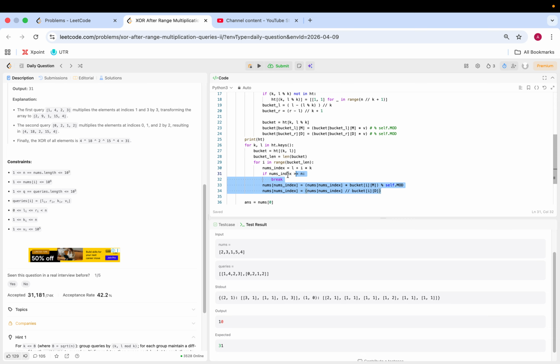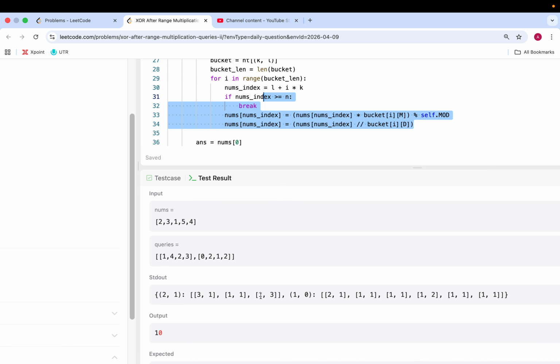Let me just check. So this was created correctly, and I believe this would have been done as well, because this is index 0, jump by 2, this is 0 up to 2, in jump of 1. So index 0, 1, and 2 all have the multiply by 2, and then index 3 gets a divide by 2 because it's not affected by the query.